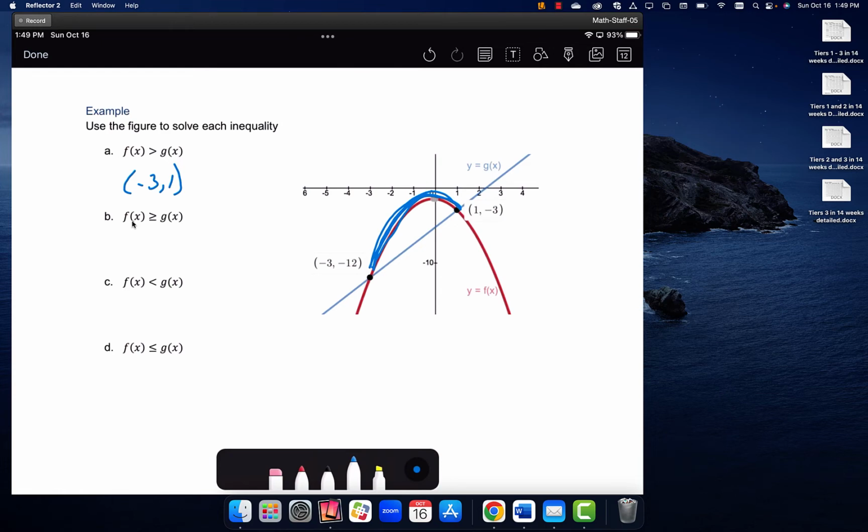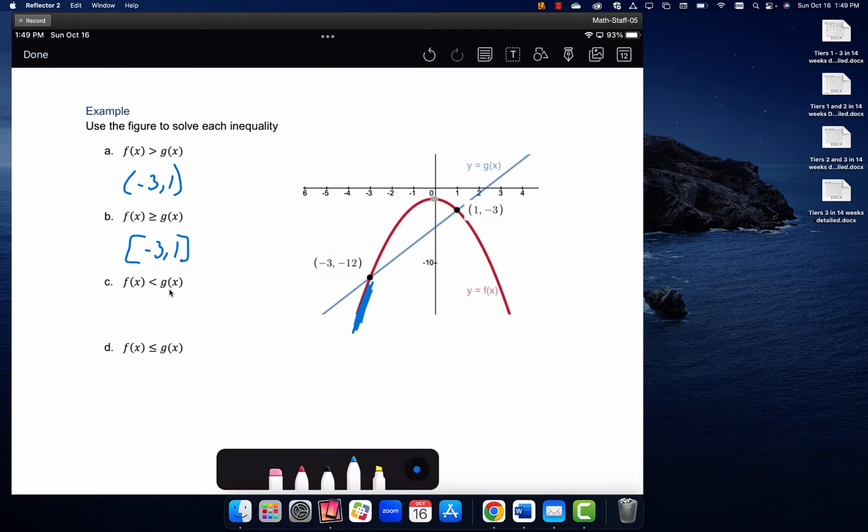B is very similar. We're still asking where is f greater than g, but now we can have equality. That means we can include those endpoints. So bracket negative 3 and 1. In example C, we're asking where is f less than g? In other words, where is f, the quadratic, below the line?